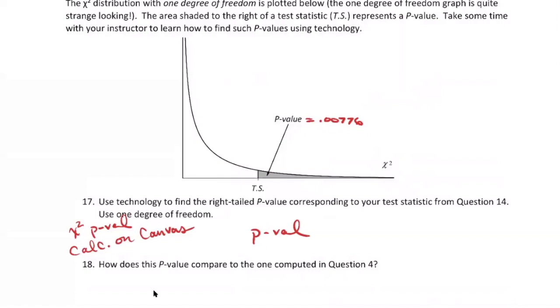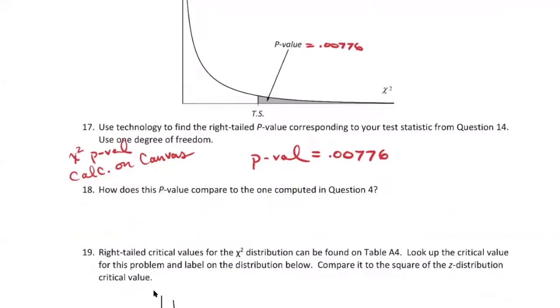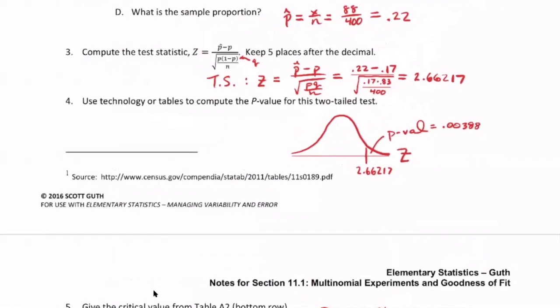Okay, so the p-value is 0.00776. And then it says, how does the p-value compare to the one in question 4? Now, there's going to be a difference, and I want you guys to figure out why they're different. Okay? So we're going to go all the way back to question 4. We got 0.00388.